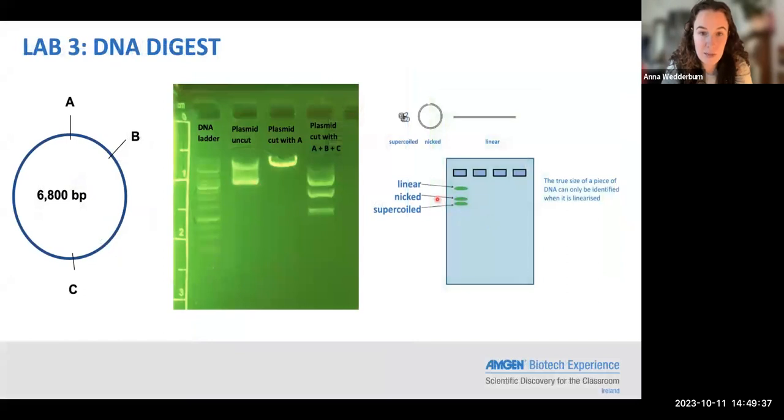Then you've got a nicked plasmid where one of the strands in the plasmid, because DNA is double stranded, might be open. So it's just a bit more open than the supercoiled one. So you get something that's a bit higher than supercoiled, and then sometimes they spontaneously break open entirely as well. So you get some linear ones up here. So that's why you've got this big blur for the plasmid uncut.